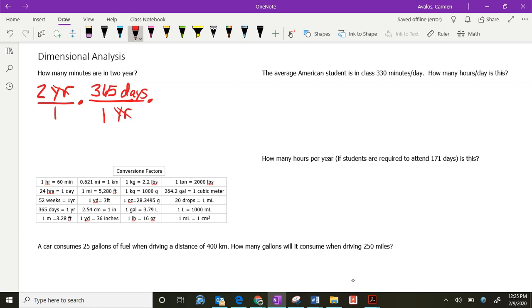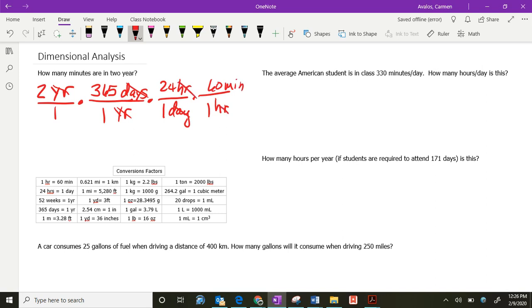Days is not minutes, but I know that in one day, there are 24 hours. And so now the days are gone but I'm in hours, not in minutes yet. So I know that in 1 hour there are 60 minutes.